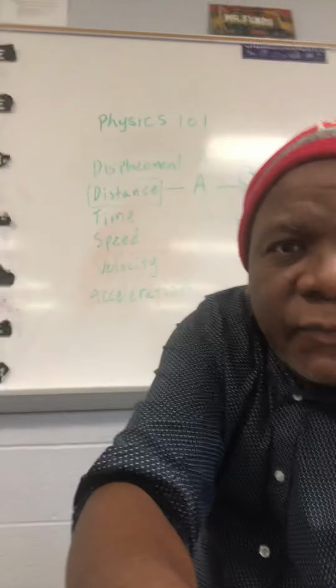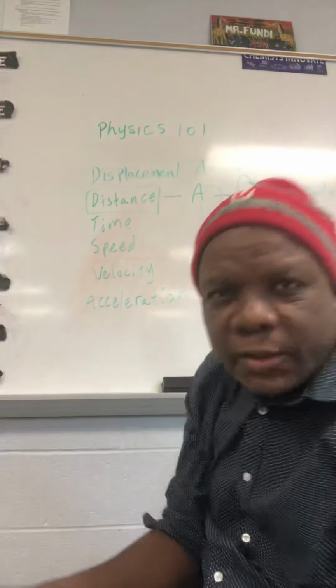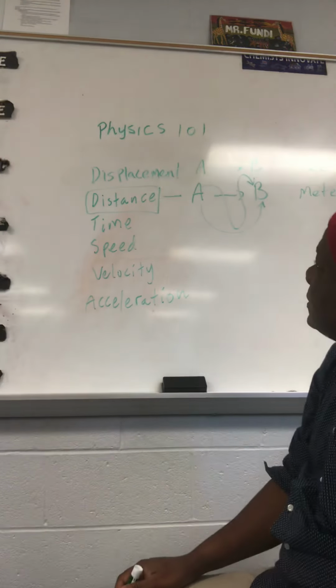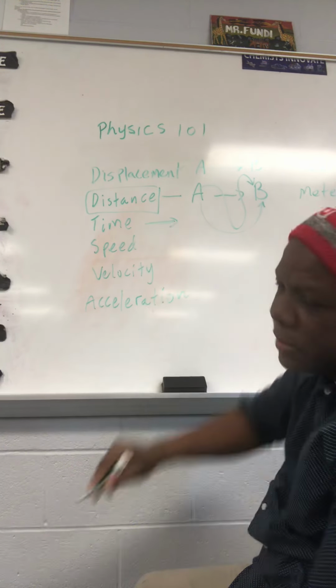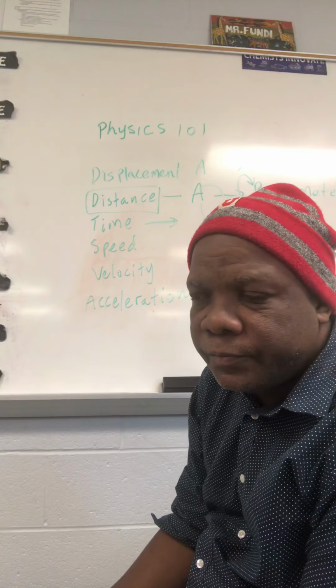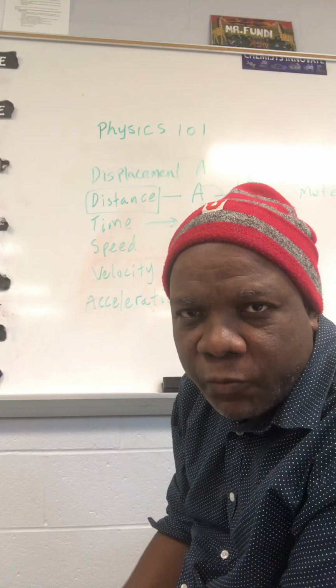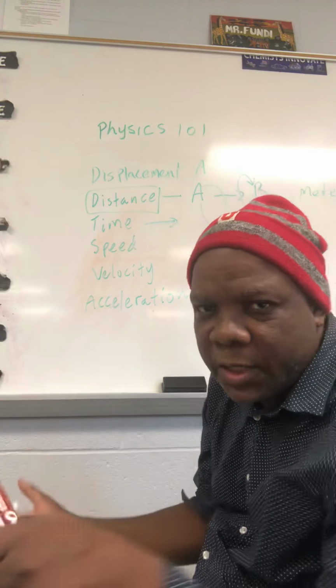If you can see that, let me switch a little bit so you should be able to see what is going on. Time is just a fraction of the time that passes between one event and the next event.